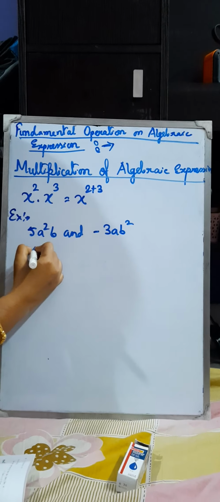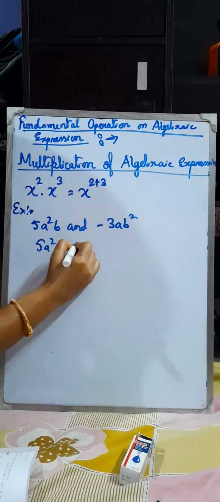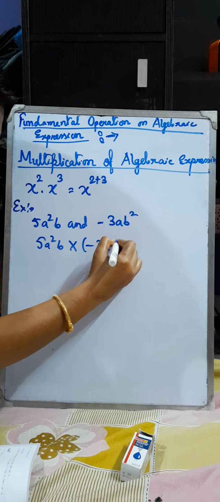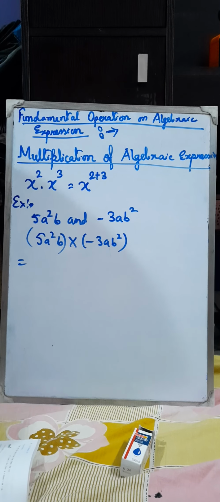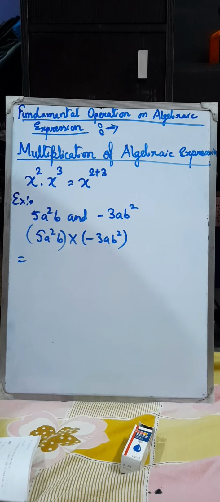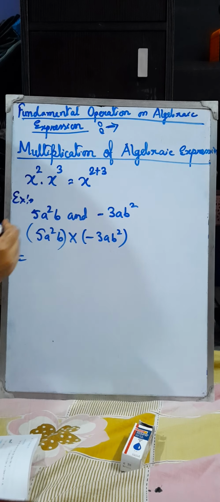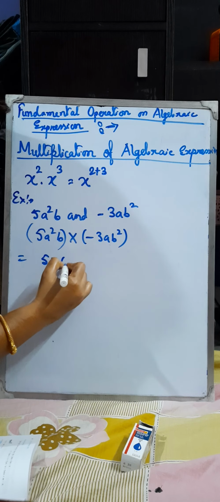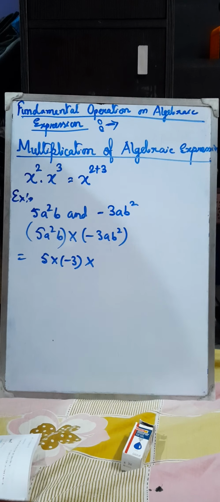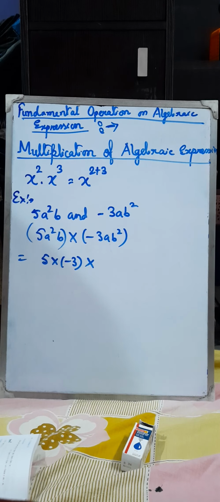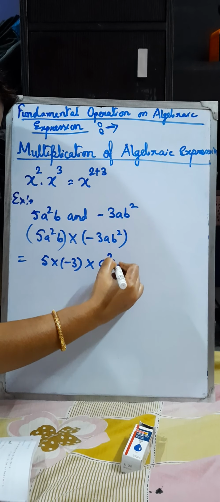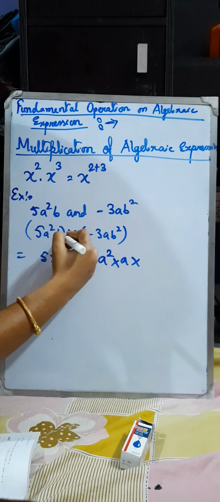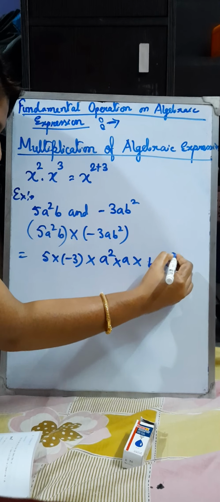So what do we do? 5a square b into minus 3ab square. First you have to multiply the numerical part, that means 5 into minus 3, and then the product of their literal coefficients. Here a square and here a, so we multiply a square into a, and b into b square.